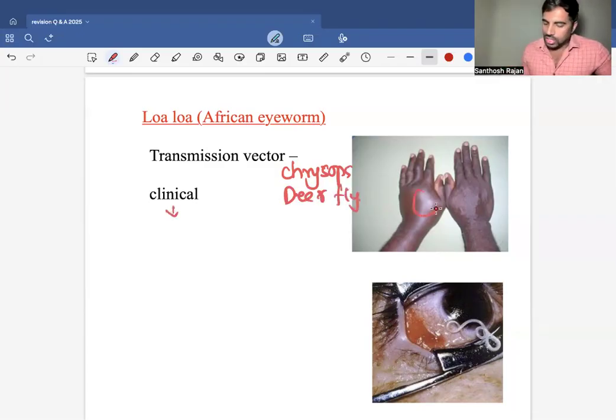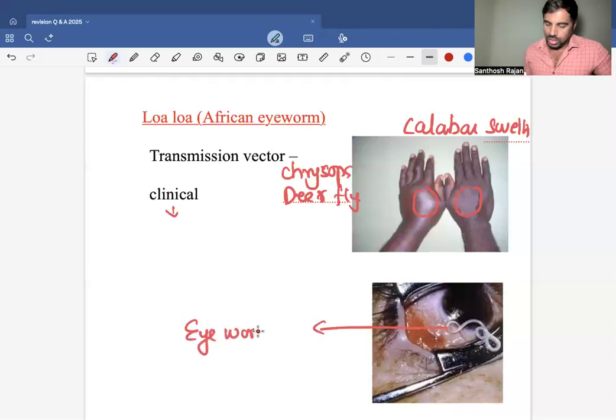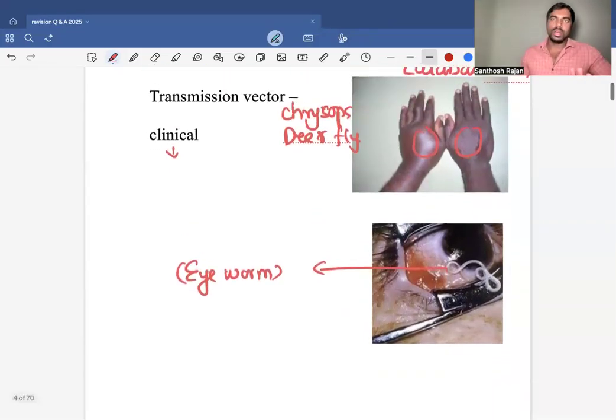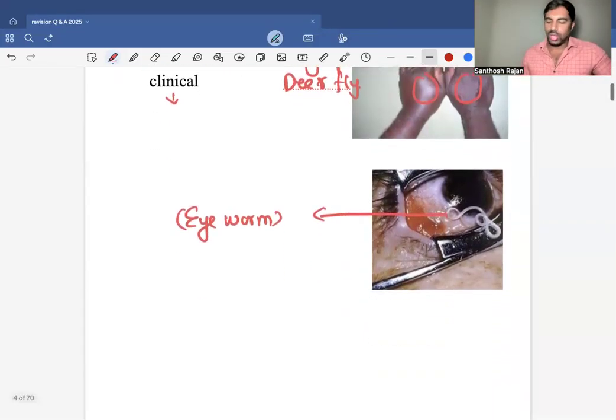Clinically, you can see these swellings, called Calabar swellings. And in the other picture, you can see the eyeworm. That can lead to multiple things, conjunctivitis, keratitis, so many things. But for us, this is important: Calabar swelling with these eyeworm manifestations, then definitely you will tell it is Loa loa. That's all.